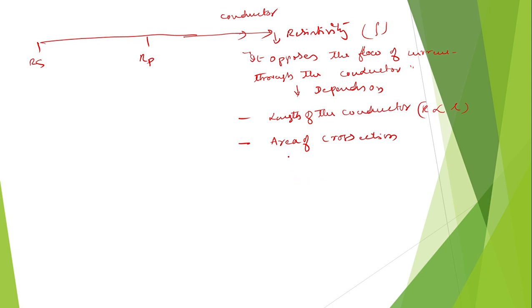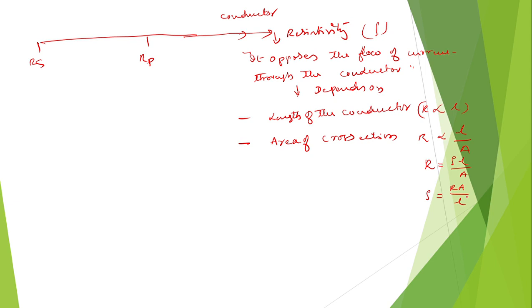That means resistance is directly proportional to L and inversely proportional to A. So R is equal to rho into L divided by A. If you separate this rho, you will get RA divided by L. See?